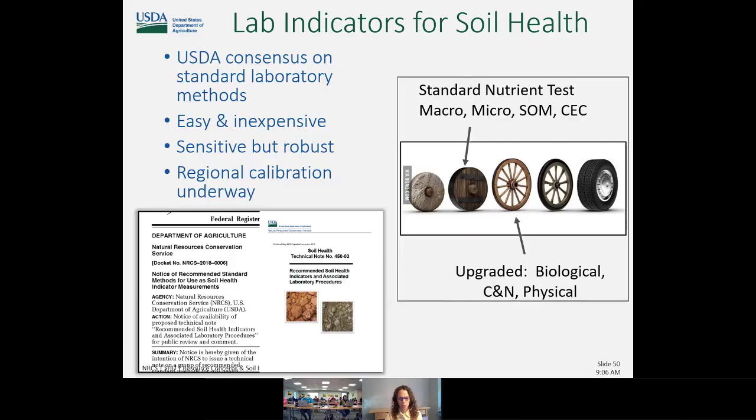So we have a scoring model that we're working on, and developing the databases and enough information and data in the regions to be able to have specific calibrations and interpretations based on the variety across the country.